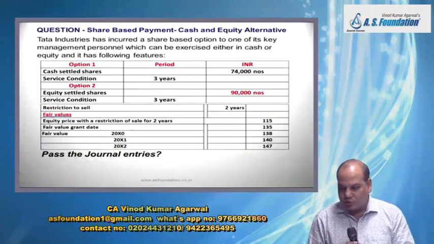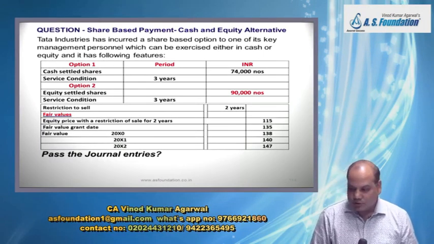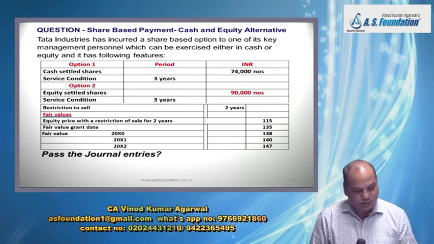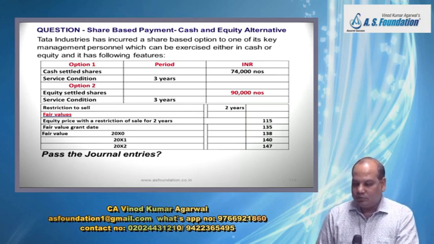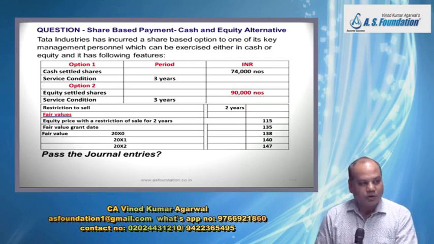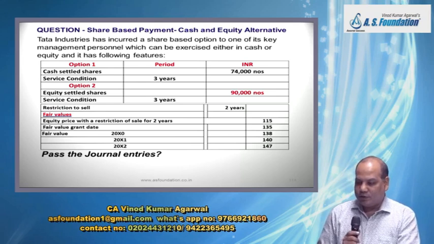Okay, we'll practice one more. This is question number 16. Ready? Tata Industries has granted a share-based option to one of its key management personnel, which can be exercised either in cash or equity, and it has the following features.